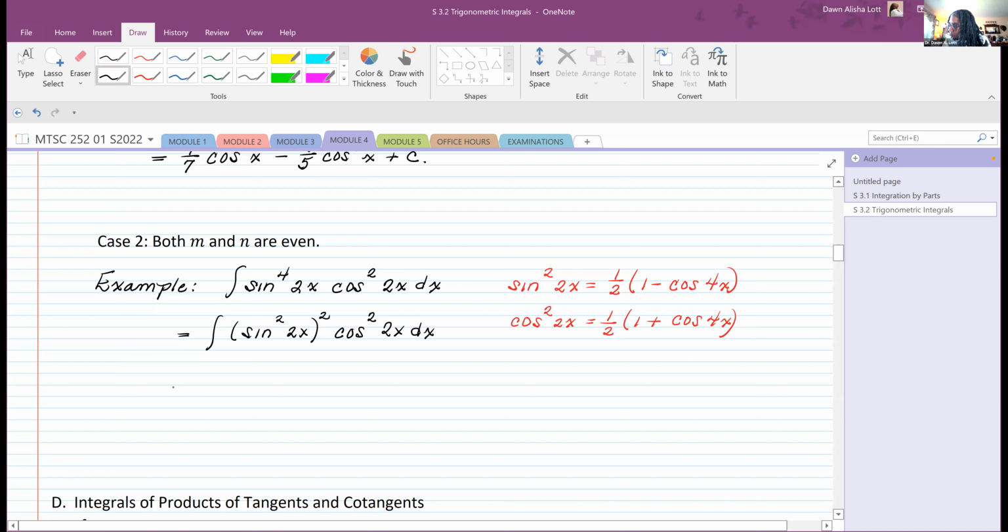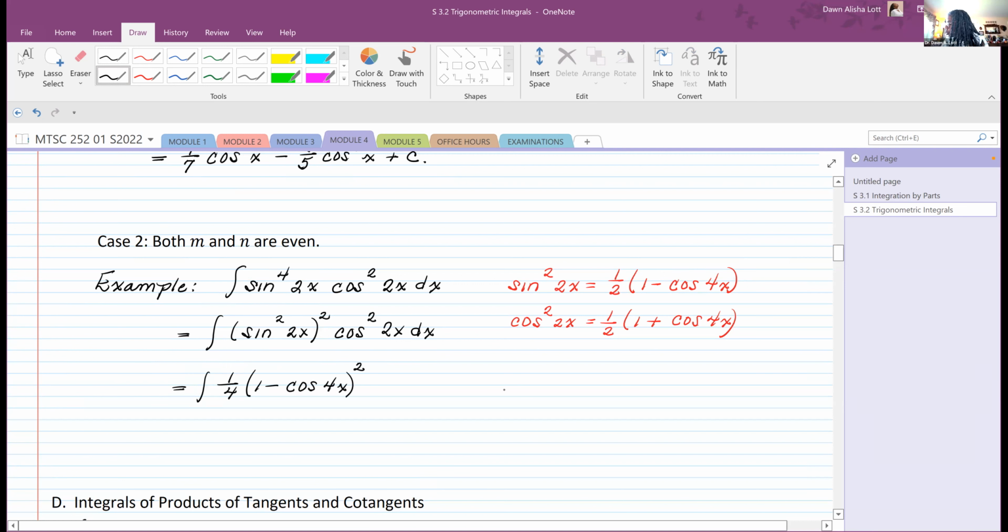Okay, so therefore, this is the integral. Now I'm going to have 1/2, so the 1/2 will get squared, so that's going to be 1/4. And then I'm going to have 1 minus the cosine of 4x, and that will get squared.